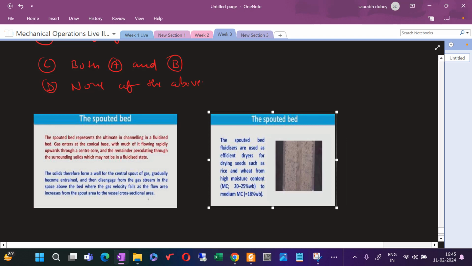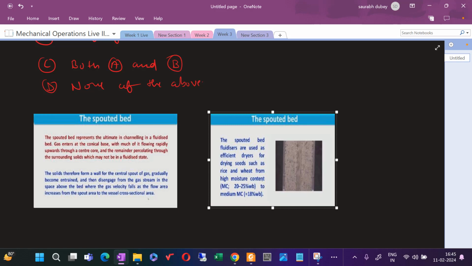Spouting beds represent the ultimate in channeling in a fluidized bed. Gas enters at the conical base, with much of it flowing rapidly upward through the central core, and the remainder percolating through the surrounding solid, which may not be in a fluidized state.